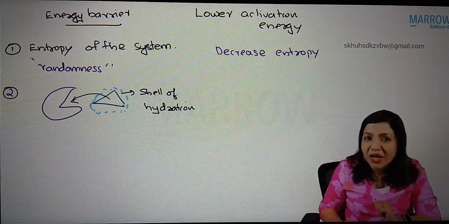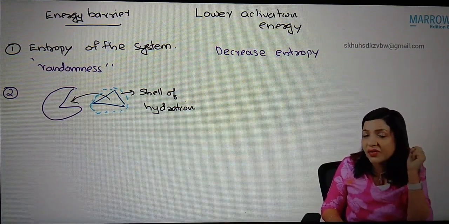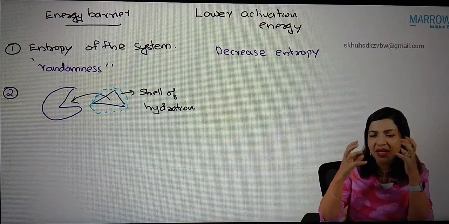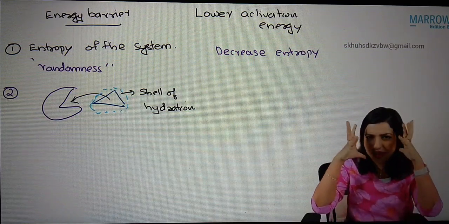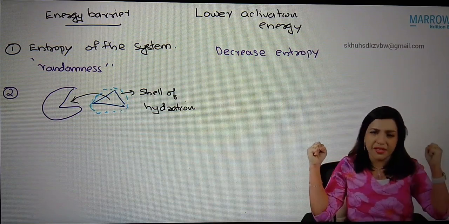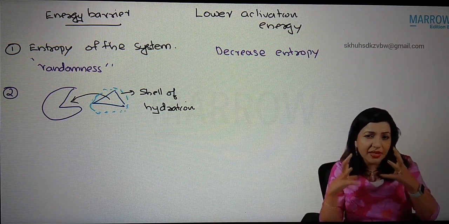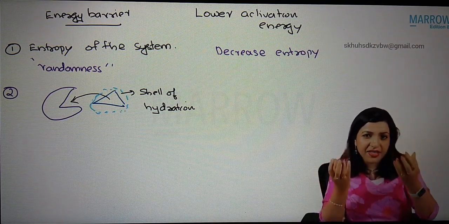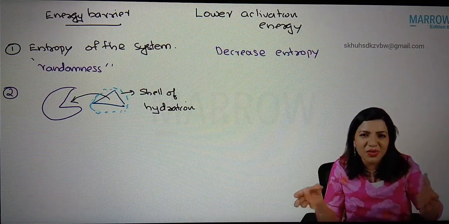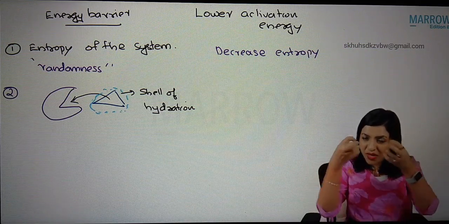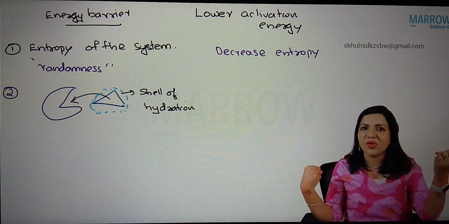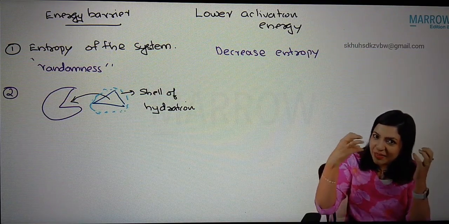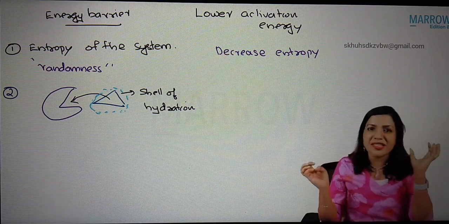Okay, so what is the action of this enzyme? The enzyme is desolvating the substrate, so that these negative thoughts are dissolved. Once these negative thoughts are dissolved from our mind, then the substrate can go and bind to this active site.